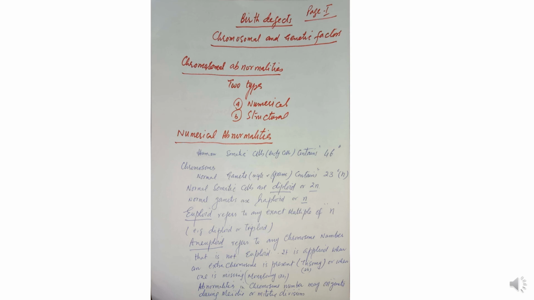So we have discussed the anomalies of mitosis and meiosis. What is their clinical application? This is the clinical application, chromosomal abnormality, and it occurs only due to non-disjunction. That is, one pair may fail to separate.